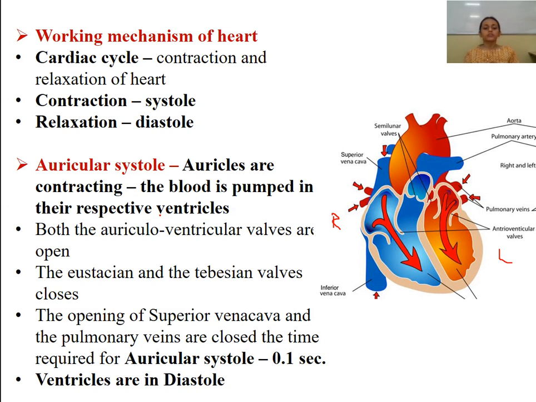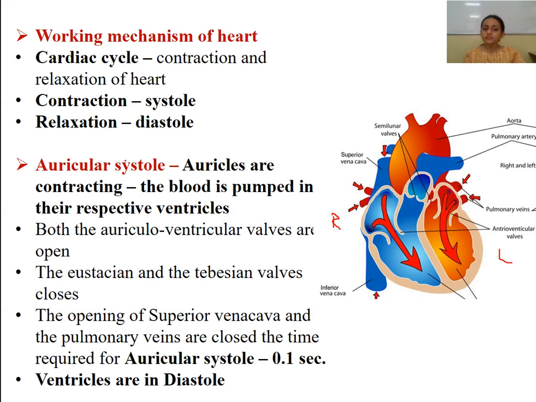The third thing that will happen is the opening of the superior vena cava and the opening of the pulmonary veins will also close in both the atriums. So, as all these things close and the auriculoventricular valve opens, the blood that is filled into the auricles will be poured or pumped into their respective ventricles.